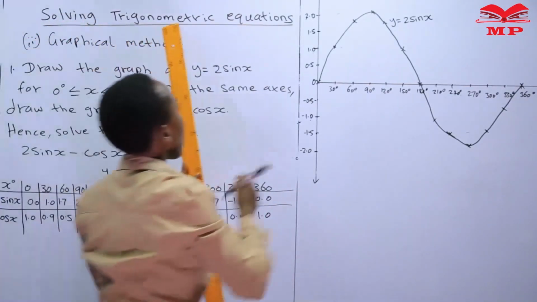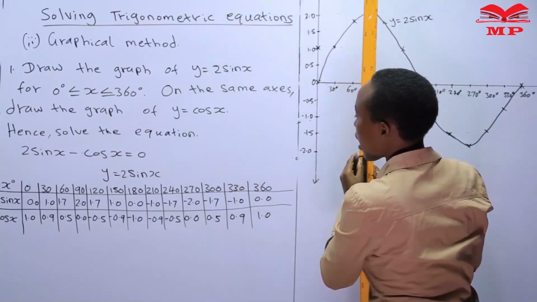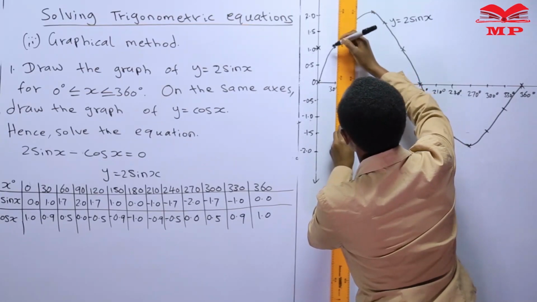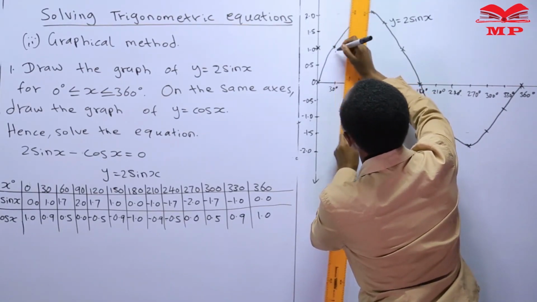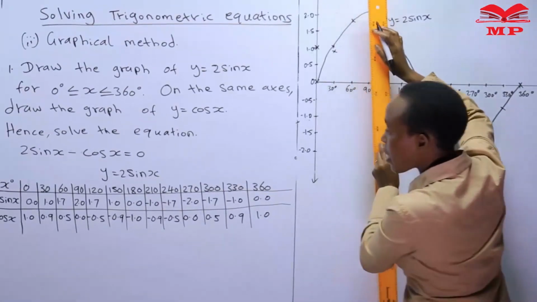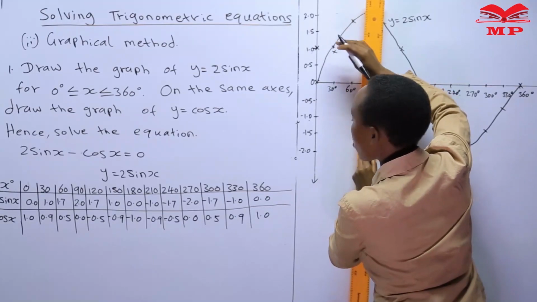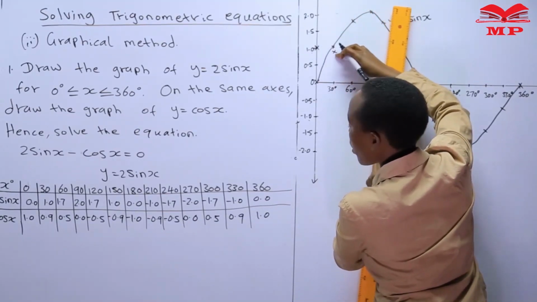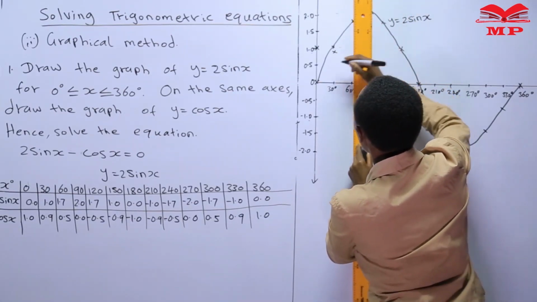We have 0, 1. We have it there. Then we have 30. We have 0.9, almost 1. So it's somewhere here. Then we have 60.